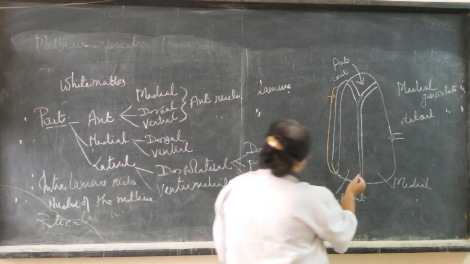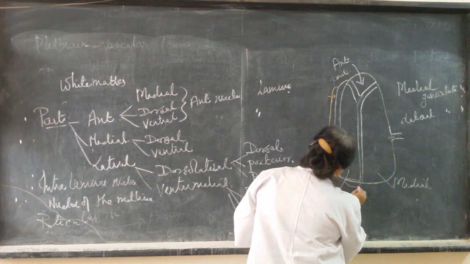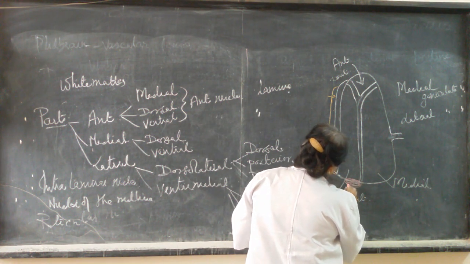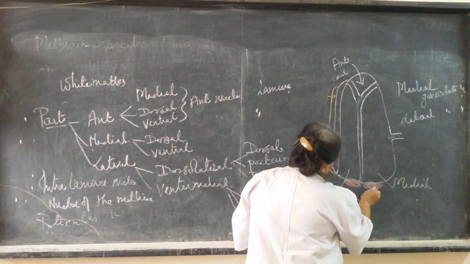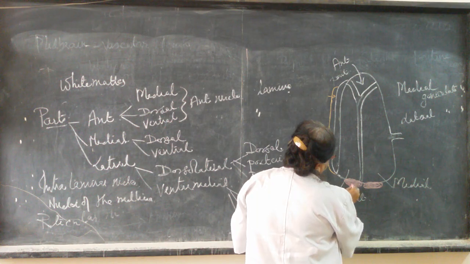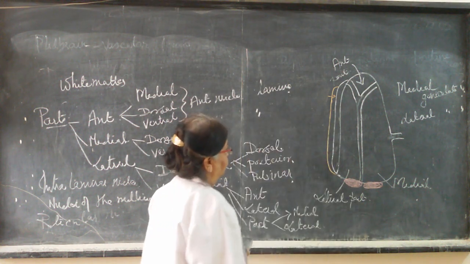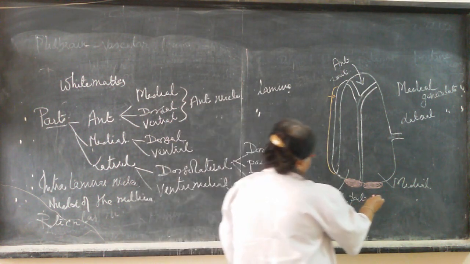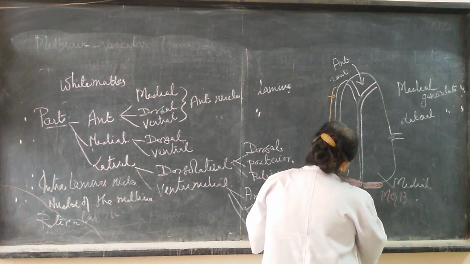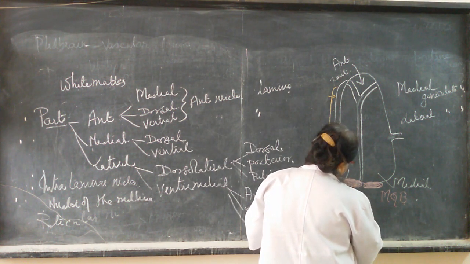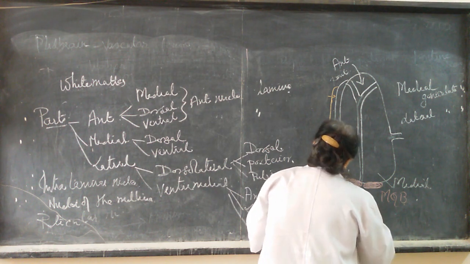This is the position of the medial and lateral geniculate bodies. This is the medial geniculate body, and this is the lateral geniculate body.